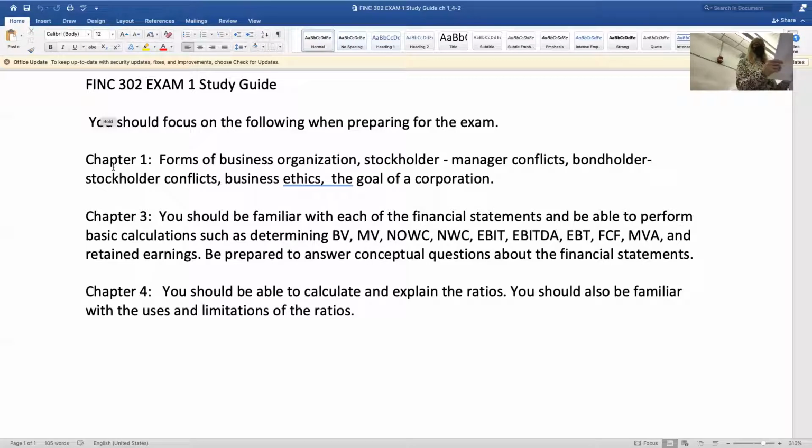Inventory turnover and the debt ratio are not on the exam, so don't worry about those ratios. With inventory turnover, sometimes you use sales and other times it's calculated with cost of goods sold, but that's not on there, so don't worry about that. And there are no debt ratio calculations on there either.